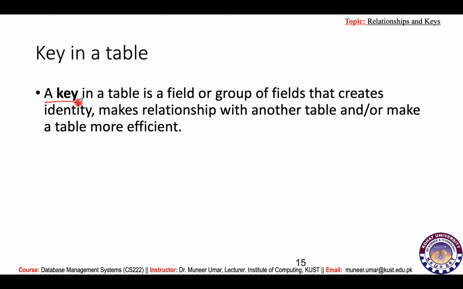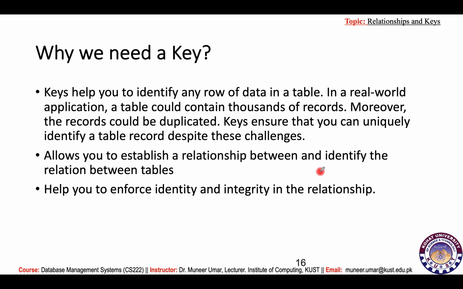Suppose we have a table storing the students' information. In the student information table, the registration number, which is an attribute or a column, gives unique values for all the records. It cannot be duplicated. So why do we need a key? Actually, a key is used to identify any row of data in a table.